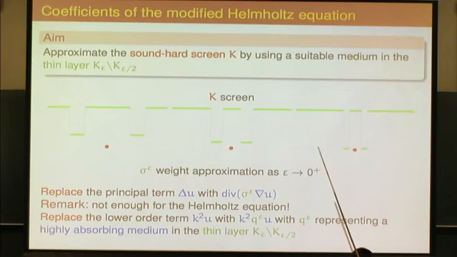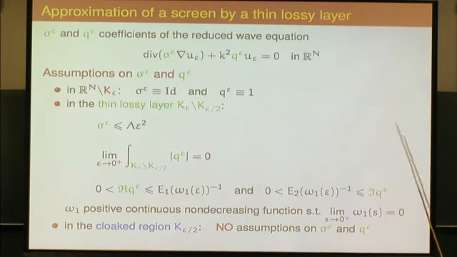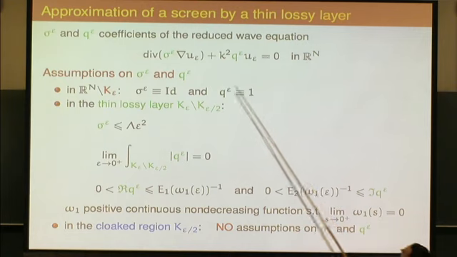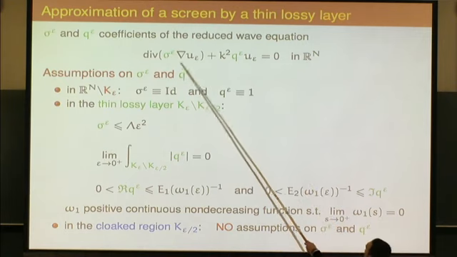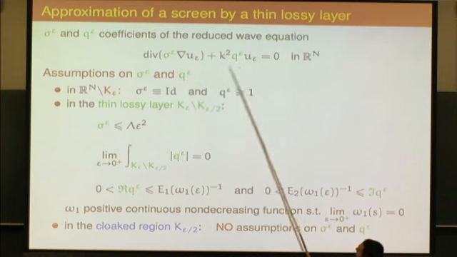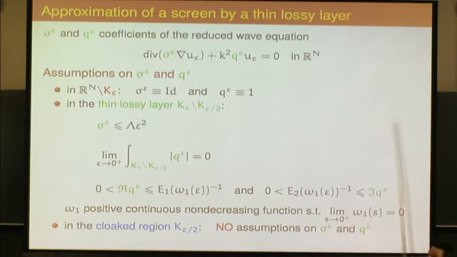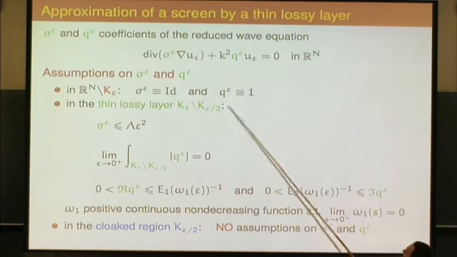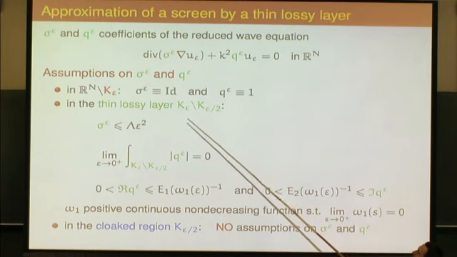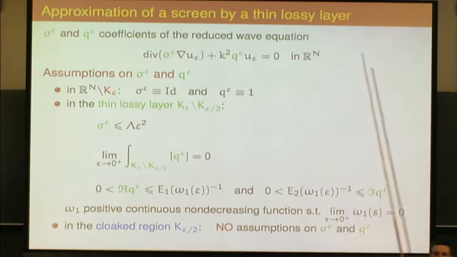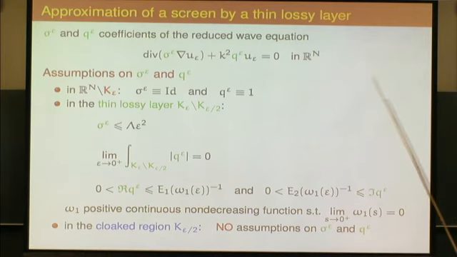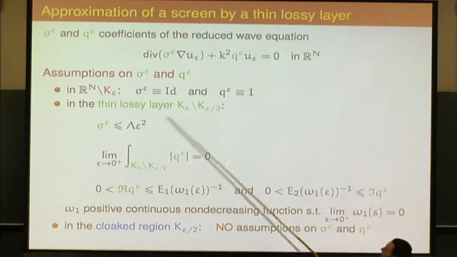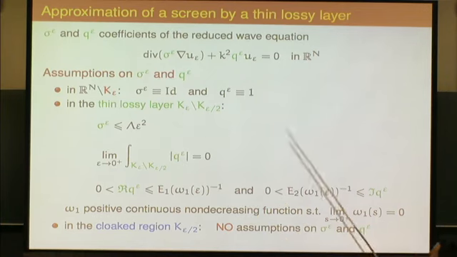So namely, the conditions are the following. You replace your Helmholtz equation with this equation representing a non-homogeneous medium, and you have the following assumptions. Sigma epsilon and q epsilon are simply identity and 1 outside K epsilon. So outside K epsilon you have exactly the Helmholtz equation. In the thin lossy layer you have the same condition on sigma epsilon. Why am I calling it a lossy layer?